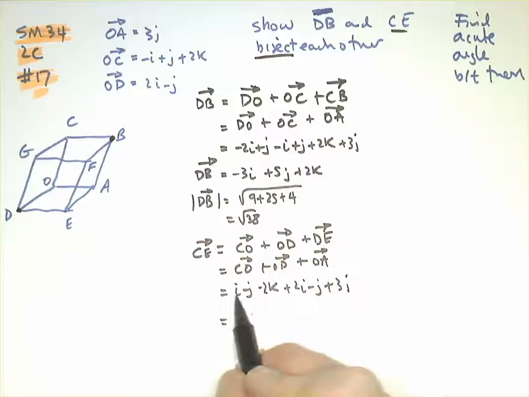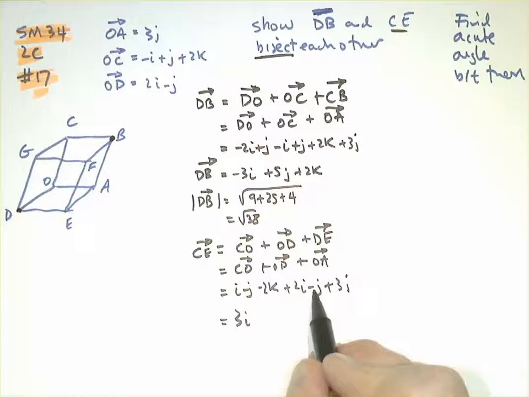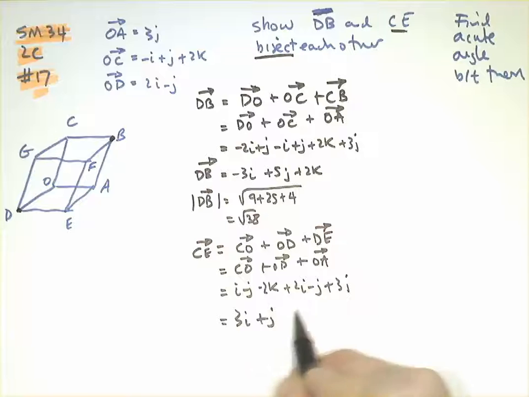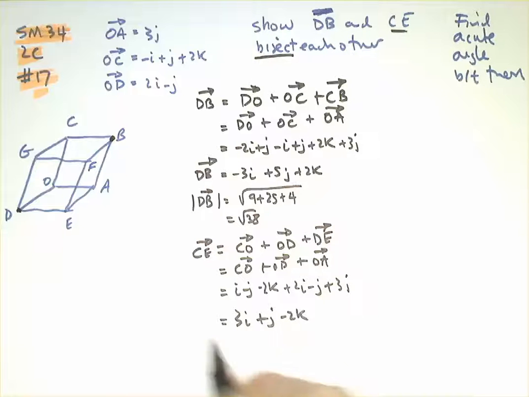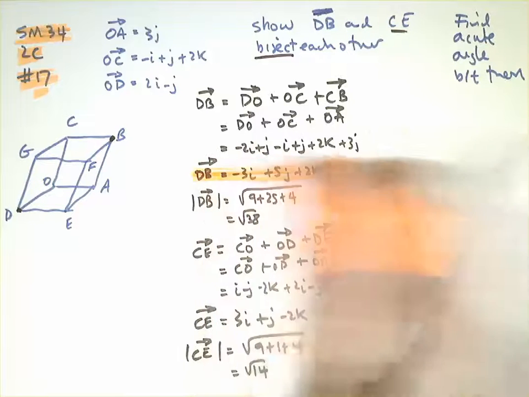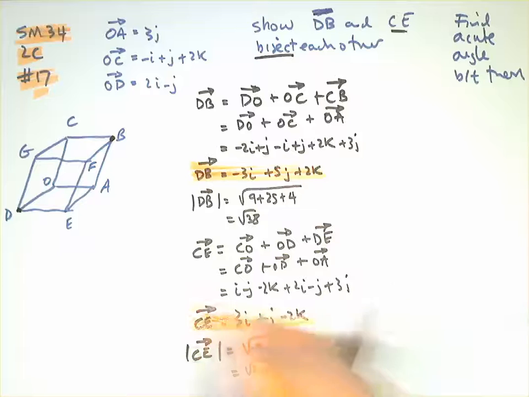Looking at the I's, 1 plus 2 is 3 in the I. Looking at the J's, minus J minus 2J plus 3J is plus J. And looking at the K's, minus 2K. And while I'm there, the magnitude of CE will be the square root of 9 plus 1 plus 4, which is the square root of 14. So I've got this is DB and this is CE.